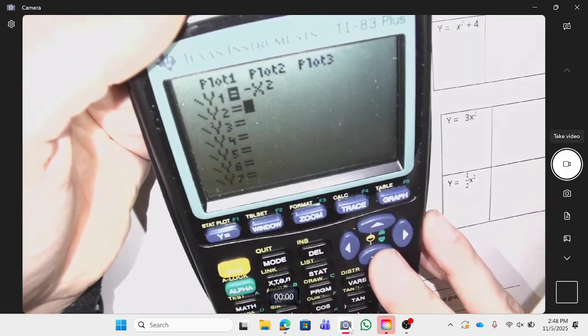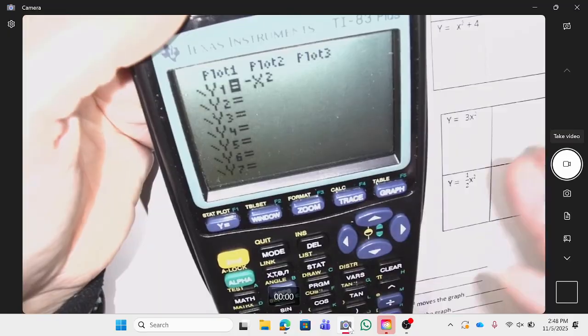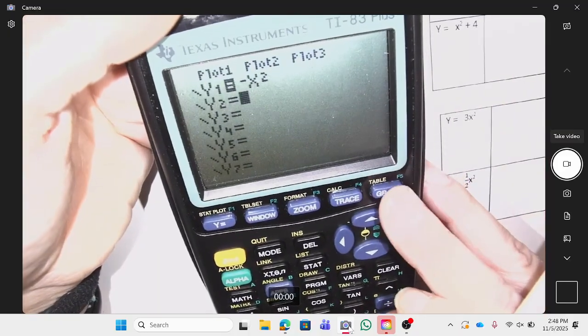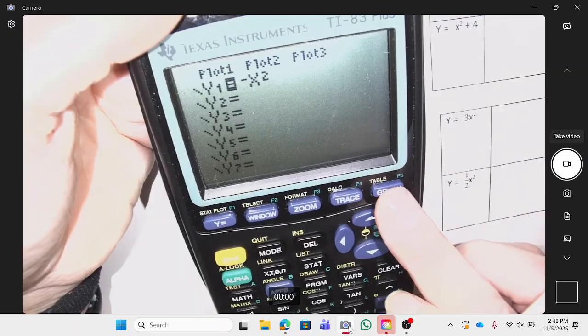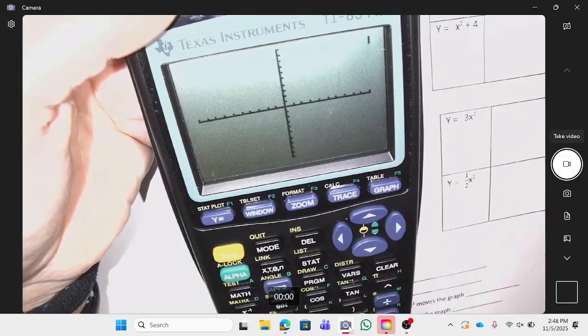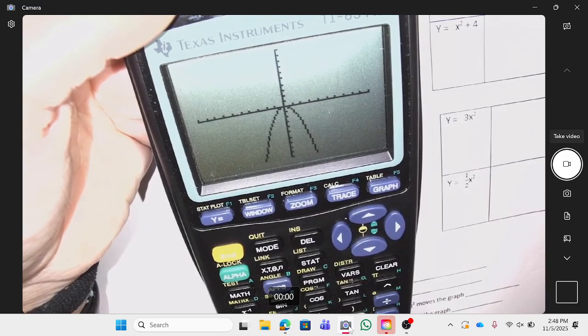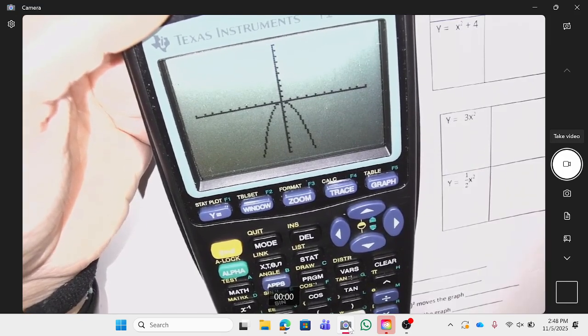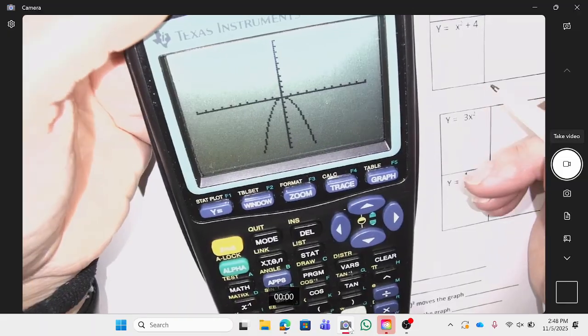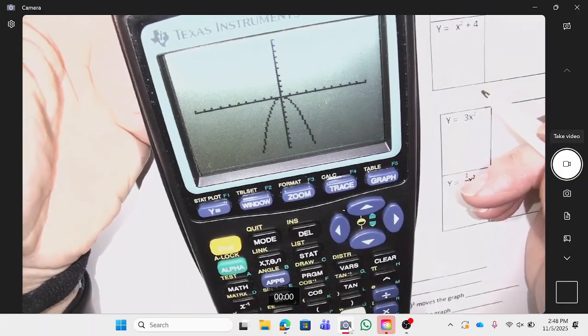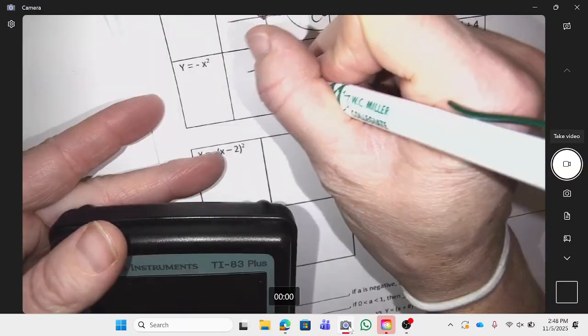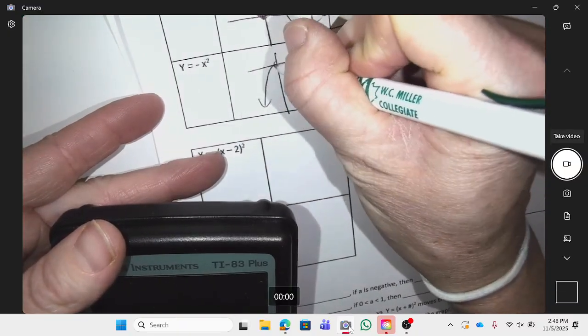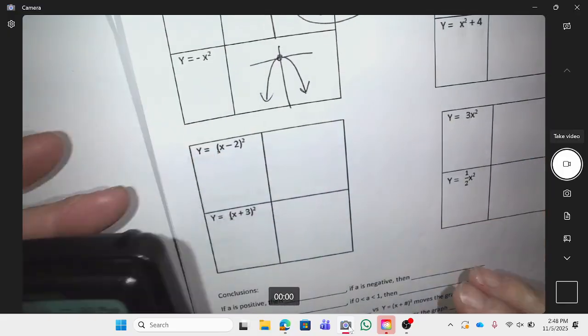So do we look like that? Negative x squared? Good? I'm just going to hit the button graph because it'll remember that I was on that just normal grid. If I hit graph, it's just going to use the same grid. Good? Please stop me if we're missing stuff because you're behind me.